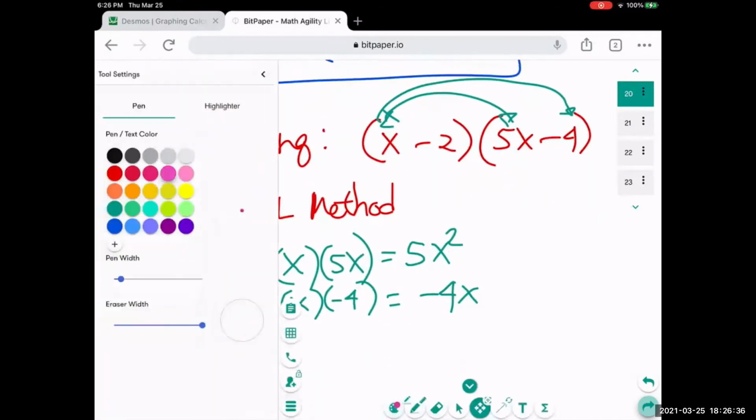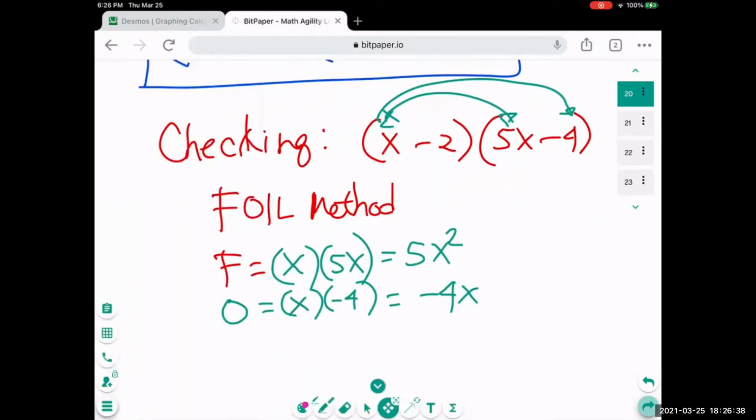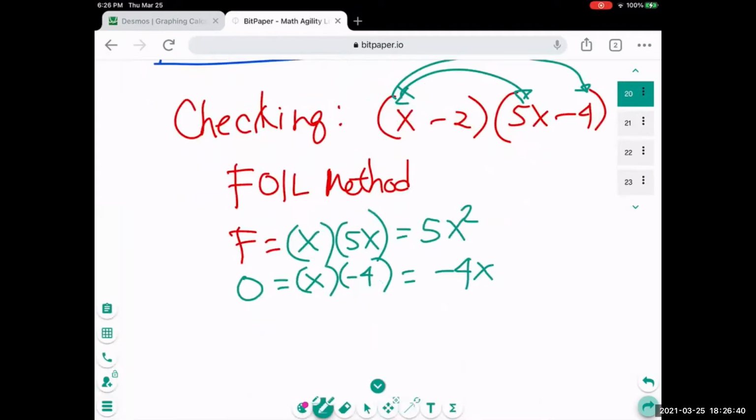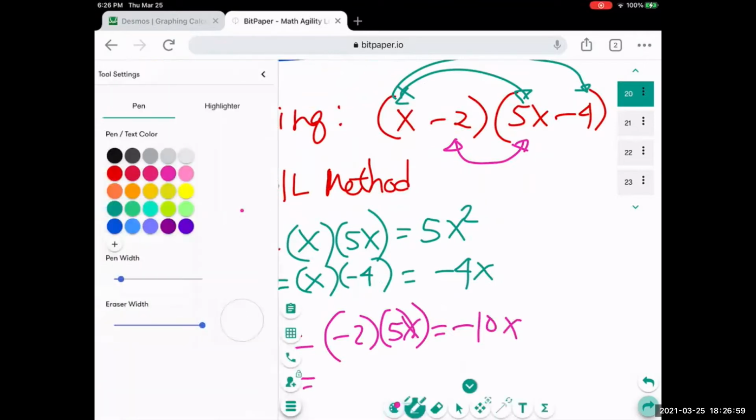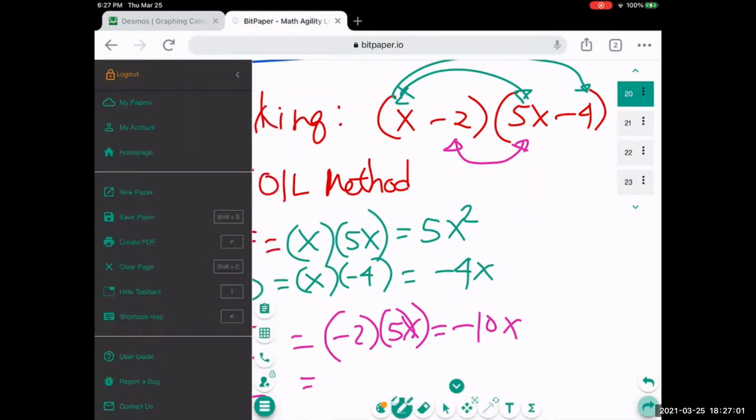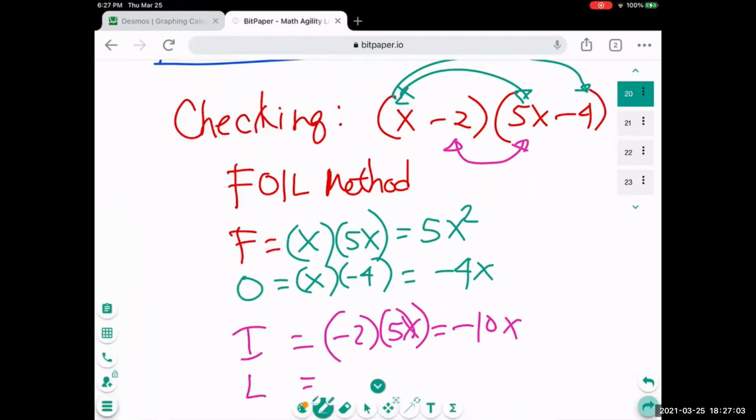And then I would be the inner. So yung negative 2 multiplied by 5x. So negative 2 times 5x would be negative 10x, right? And then yung lasts would be the last. So let's use another color. So last is negative 2 times negative 4, right?